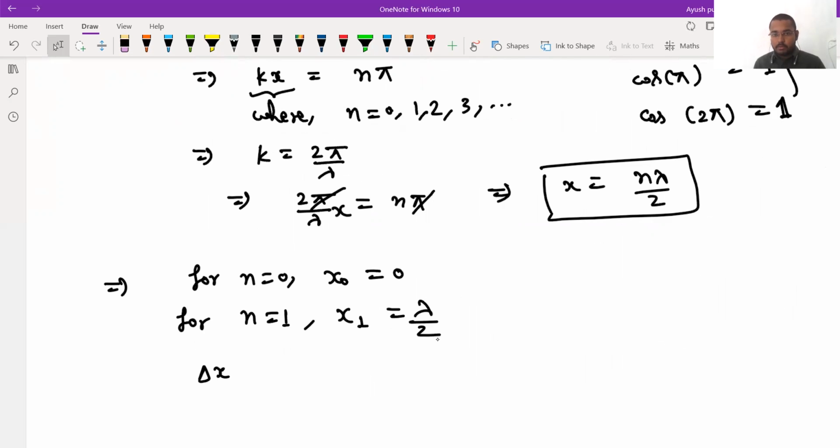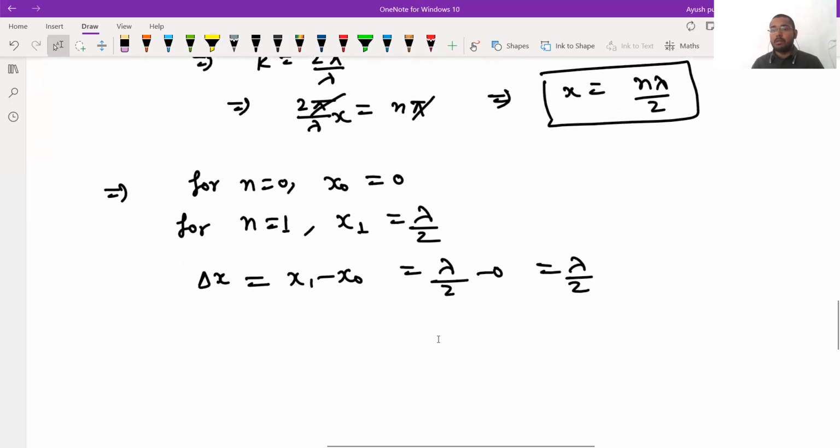So now the distance between two consecutive points where the amplitude is maximum is x1 minus x0, which is lambda by 2 minus 0, equal to lambda by 2. That means the distance between two consecutive points where the amplitude is maximum is lambda by 2, and these points where the amplitude is maximum are called the antinodes. Which points are called antinodes?